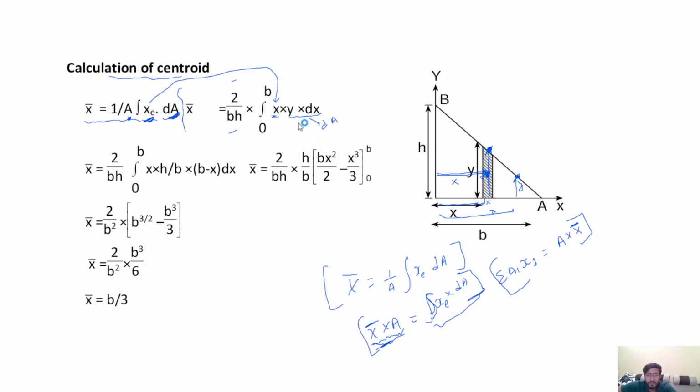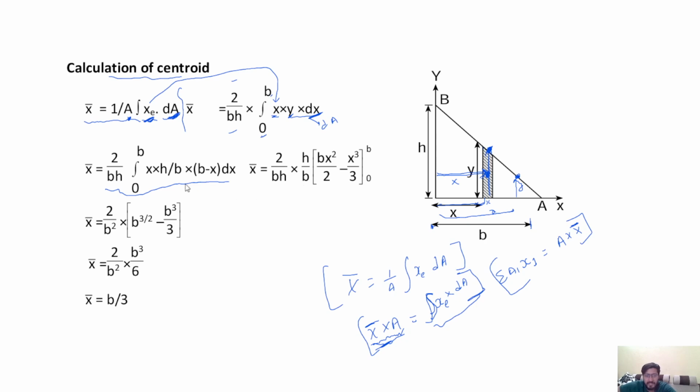From here the value of y is taken from above. So the equation is like that. Integrate by dx, that's why the limit of x will be 0 to b.